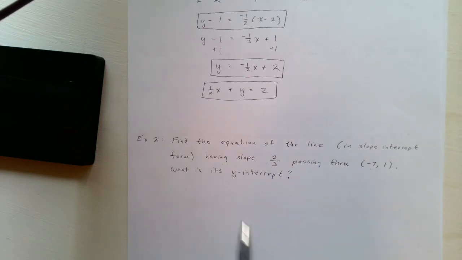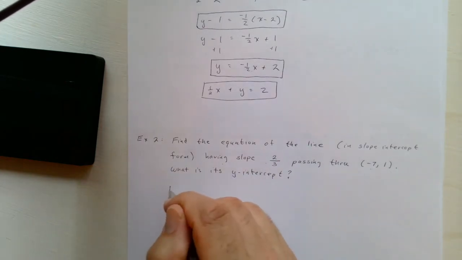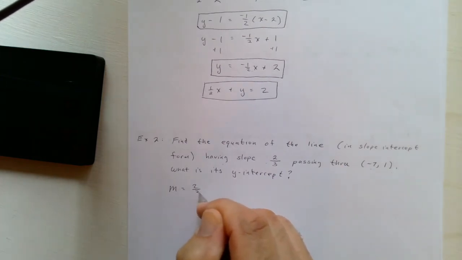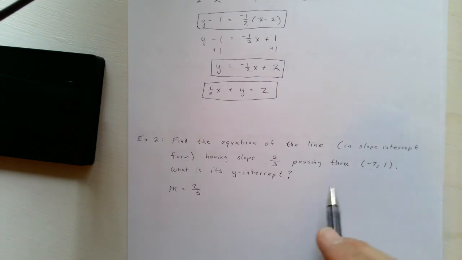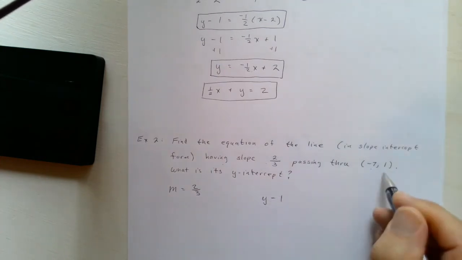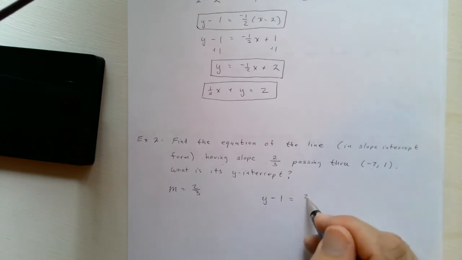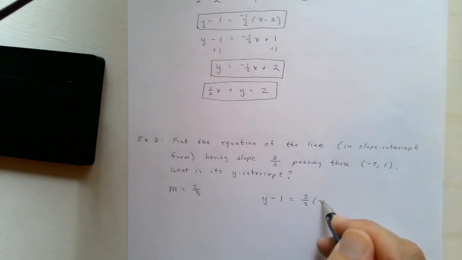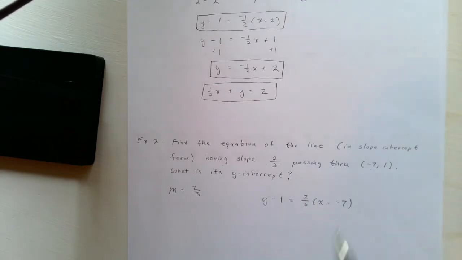All right, so in this case, m is already given. m is 2/3. And then we have our point here, so we can write y minus our y coordinate equals m times x minus our x coordinate. So we get y minus 1 equals 2/3 times x minus -7.